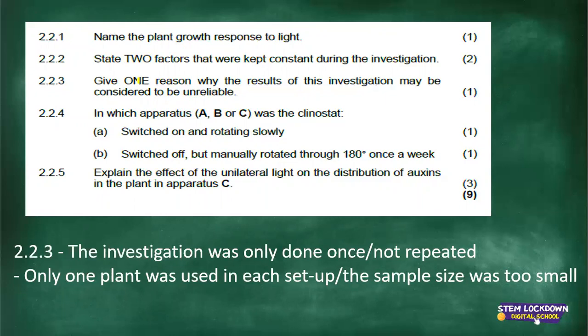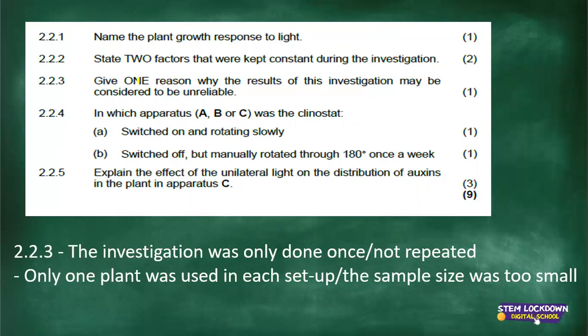And then the other point could be only 1 plant was used in each setup, meaning the sample size was too small. You'd find that this plant species would react one way, but a different plant species would react differently. So with any one of these 2 points you would be correct, because these are valid reasons as to why these results might not be reliable.